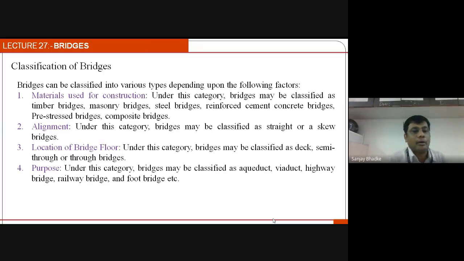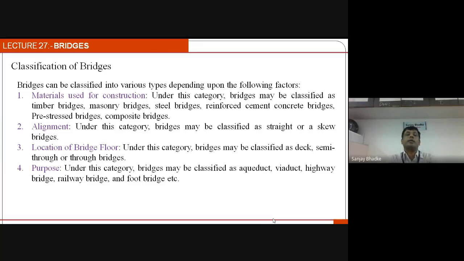Now, next point: how can the bridge be classified? A bridge can be classified into various types depending upon the following factors. The material used for construction: bridges may be classified as timber bridge, masonry bridge, steel bridge, reinforced cement concrete bridge, prestressed bridge, and composite bridge.